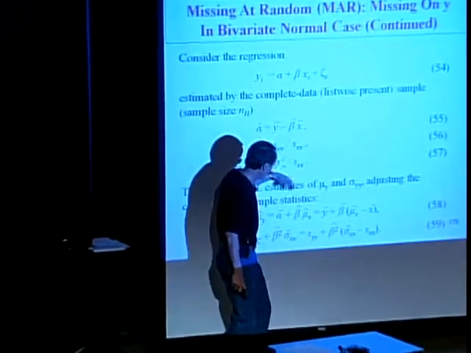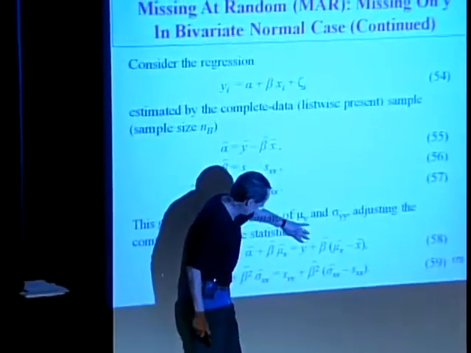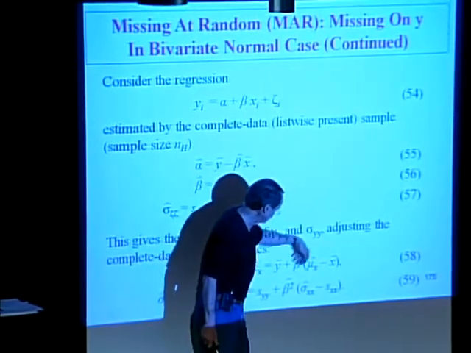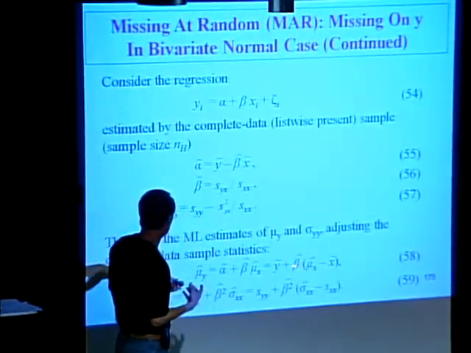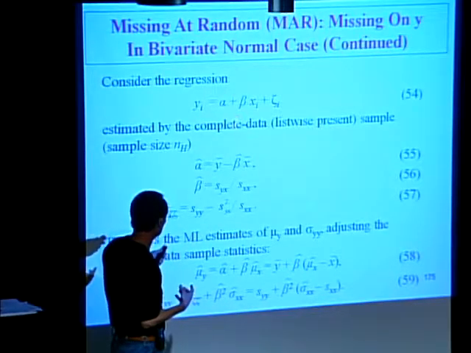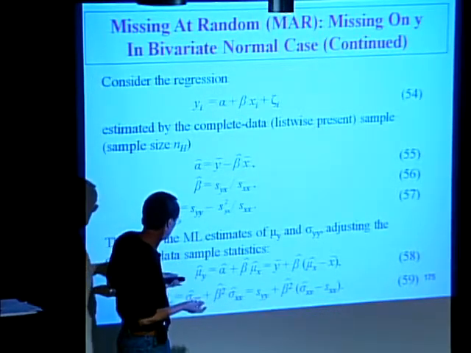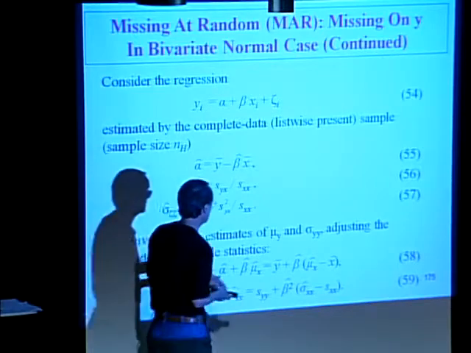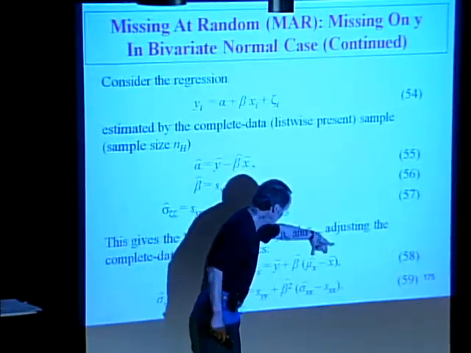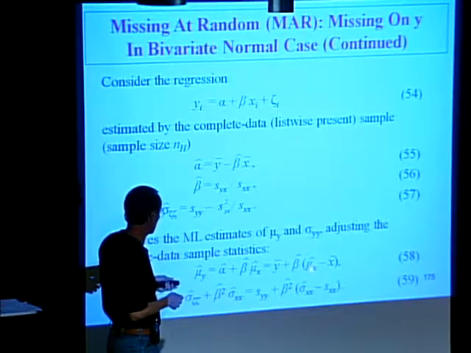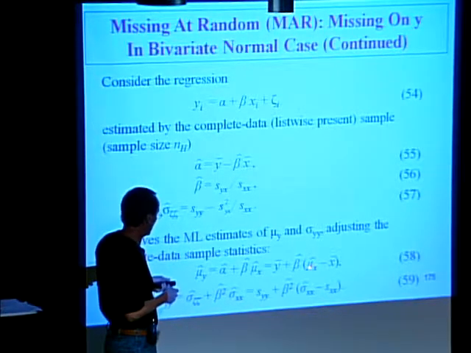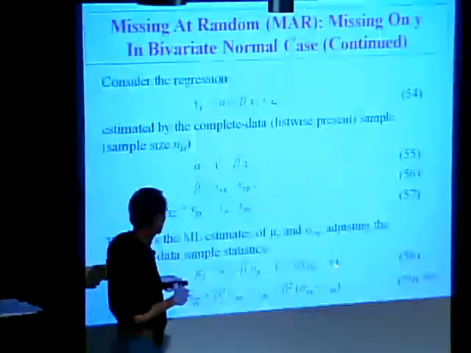But under MAR, that listwise estimate needs to be adjusted by beta hat, which is the regression coefficient for Y on X, saying how strongly related they are, times this adjustment factor, which is the estimated mean of X minus X bar.